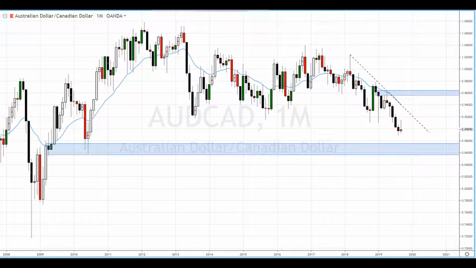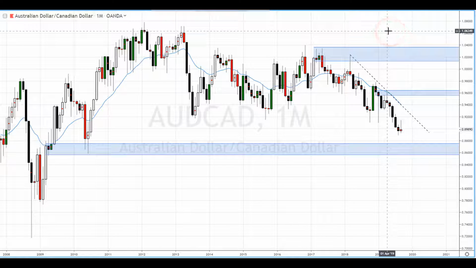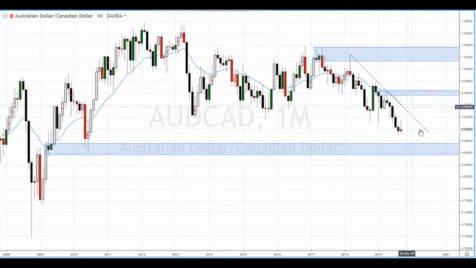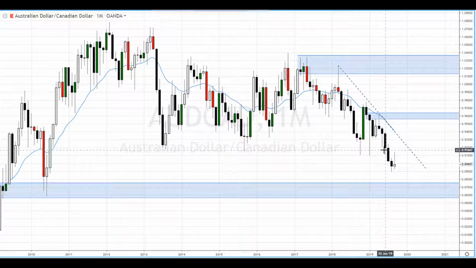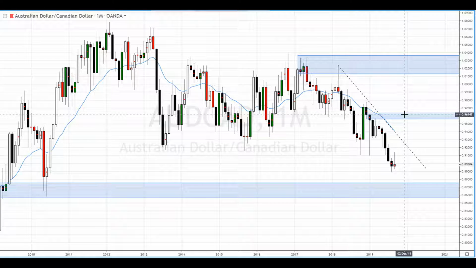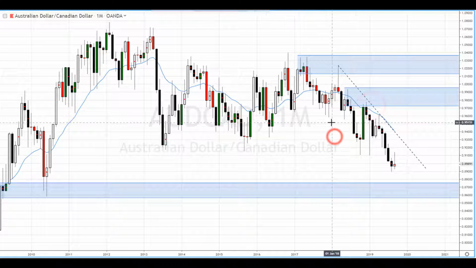Well, there's this one that has been tested and then price is just dropping. This level doesn't look like it's correct. This one is the next one.